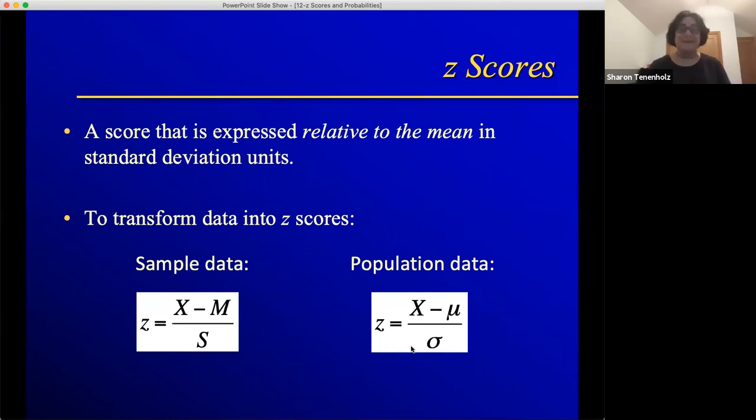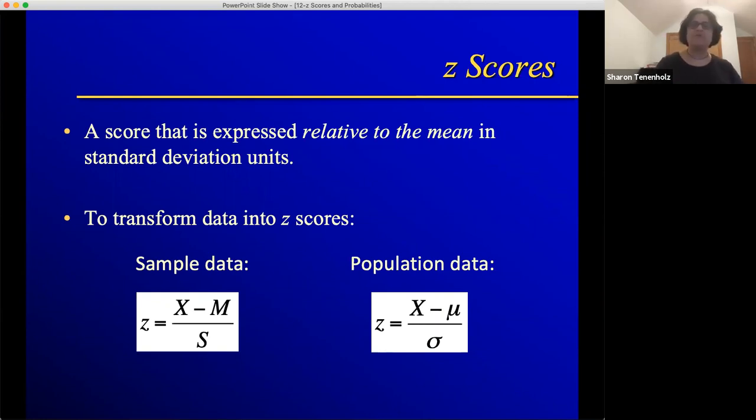We just use different symbols to designate that we do in fact have a population mean and a population standard deviation. So here the formula looks different, x minus mu over sigma, but it's the same calculation. It's the difference between the score and the mean divided by standard deviation to put it into those standard deviation units.